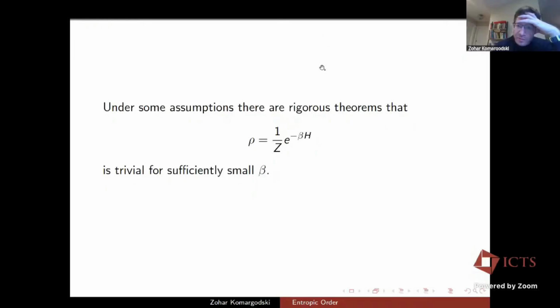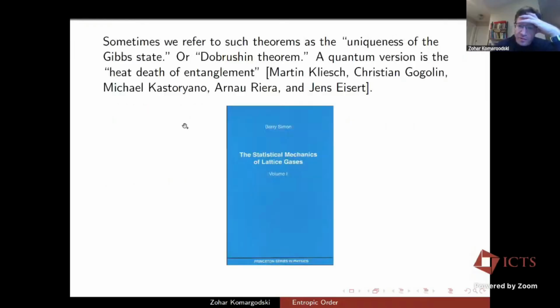This can be proven rigorously with various assumptions, and I recommend this book by Barry Simon if you want to learn about it. In the Russian community, these theorems are called the Dobrushin theorems, and in the West it's called the uniqueness of the Gibbs state. And last year, people even proved the quantum version of the same statement, which is called the heat death of entanglement.